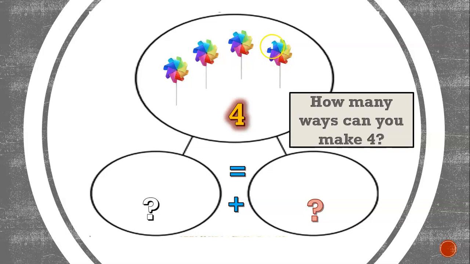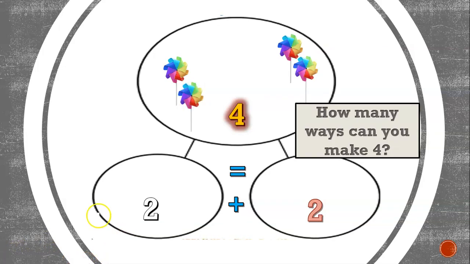So how can I make 4 with these 4 objects? Let's take a look. I can do 2 pinwheels right here, plus 2 pinwheels over here. Because when I group them, 1, 2, 3, 4, I still have my 4. So 2 plus 2 equals the magic number of 4.